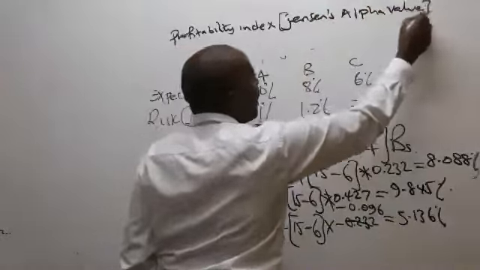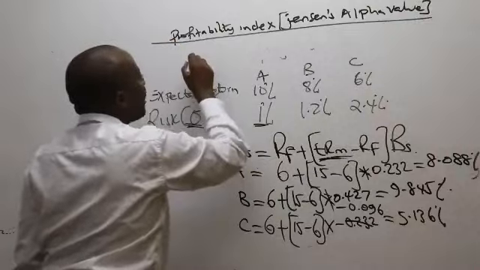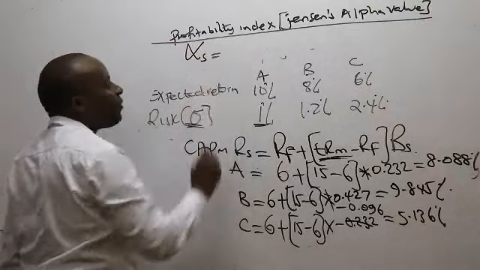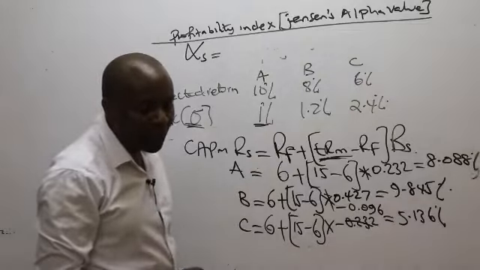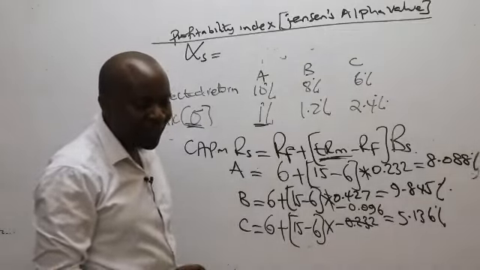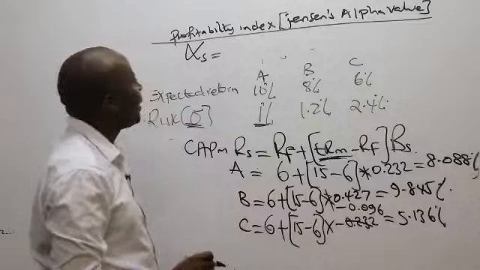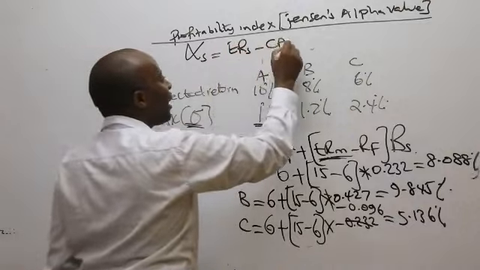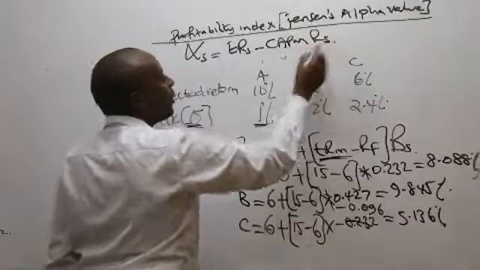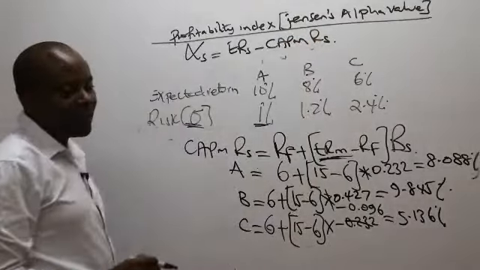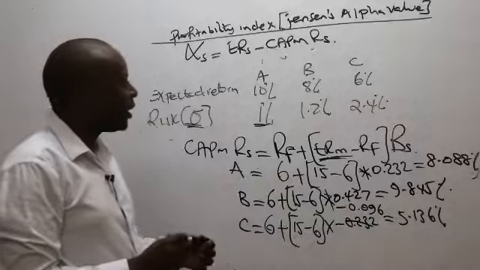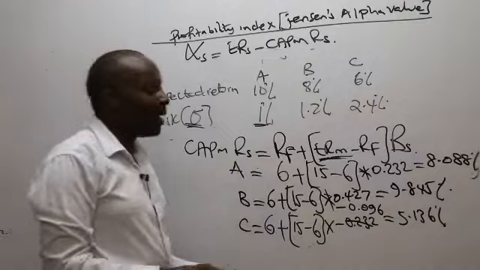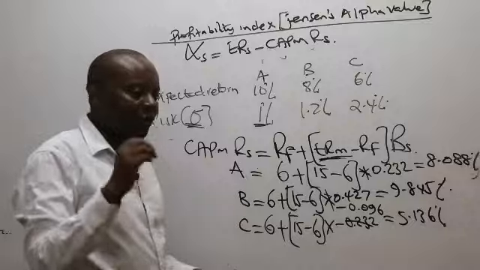The alpha value of any security will always take the expected return of a security minus the CAPM returns of that security.